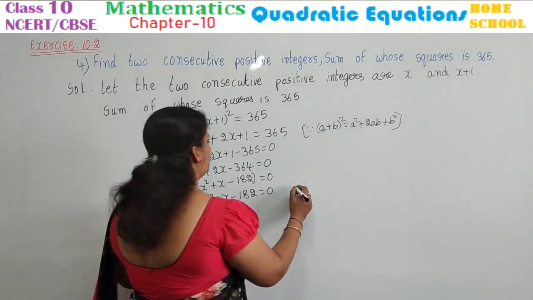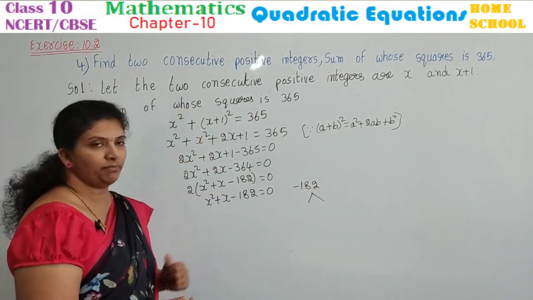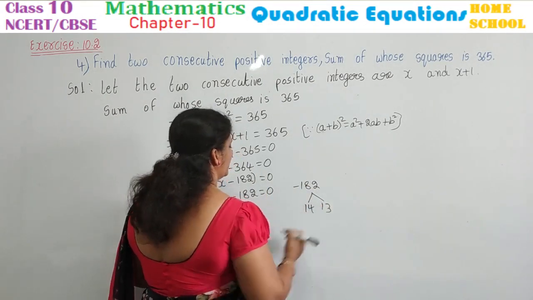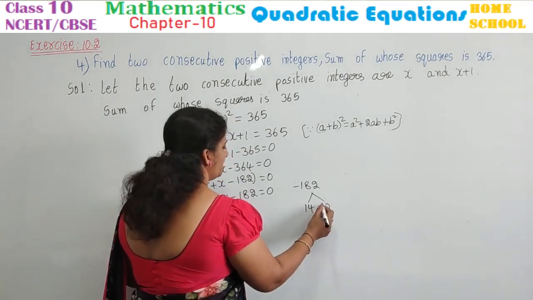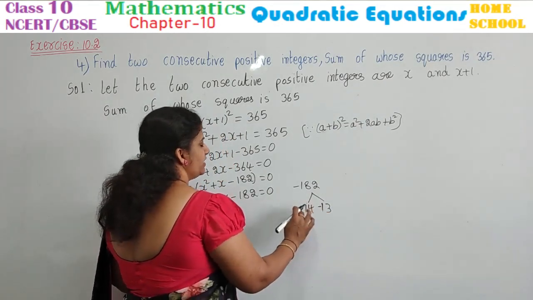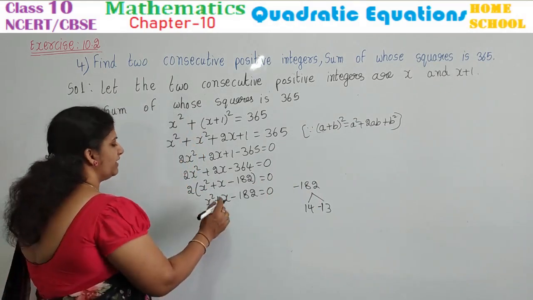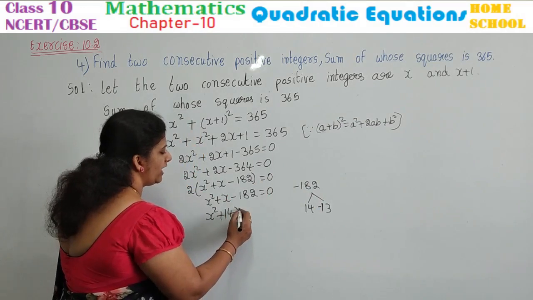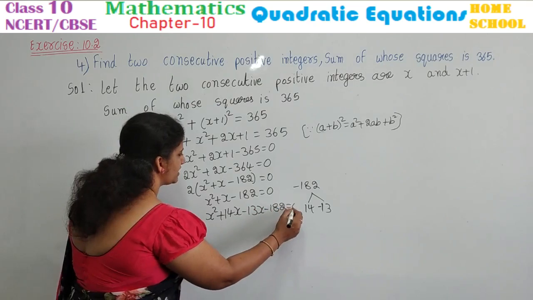So now for minus 182 take factors in such a way that you should get plus 1. 182, what are the factors? 14 and 13. How will you get plus 1 here? If you take plus 14 minus 13 you are going to get plus 1. And if you multiply plus into minus, 14 13s are 182. Split the middle term: x square plus 14x minus 13x minus 182 equal to 0.